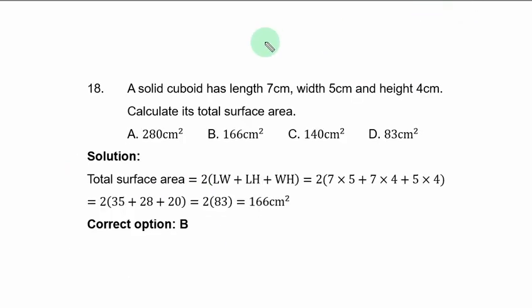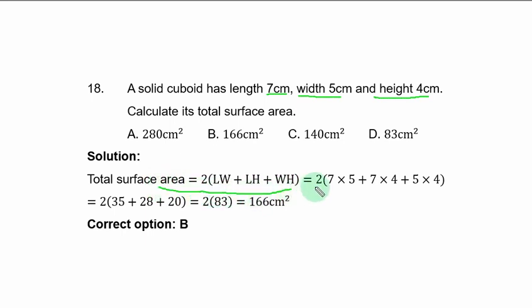Question 18. A solid cuboid has length 7 cm, width 5 cm, and height 4 cm. Calculate its total surface area. In terms of length, width, and height, total surface area of a cuboid is given in this manner.